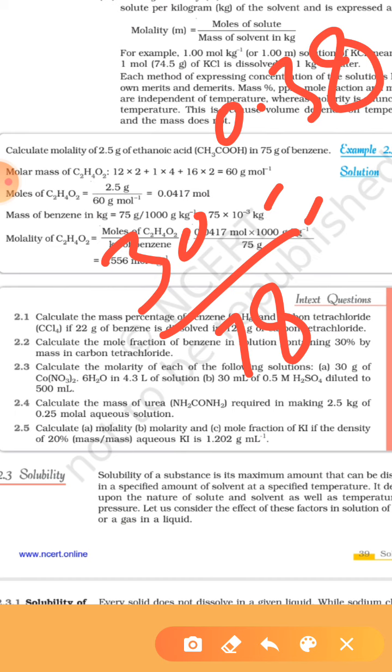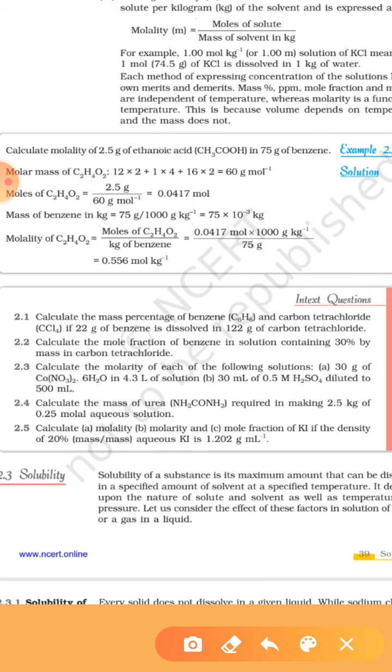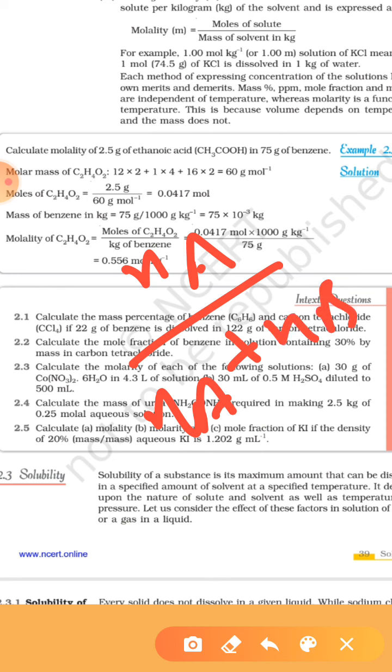And moles of CCl4: if 30% is benzene, then 70% is CCl4, so 70 by CCl4 molar mass 154 equal to 0.45. Then mole fraction. What is the mole fraction of benzene? Mole fraction of benzene is Na upon Na plus Nb.